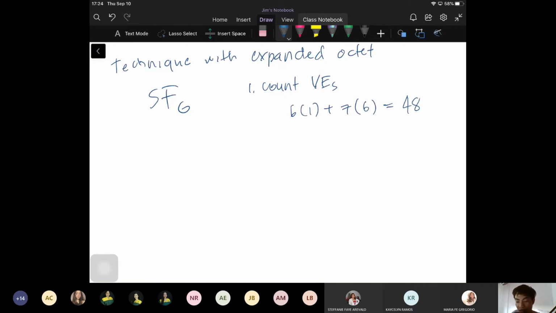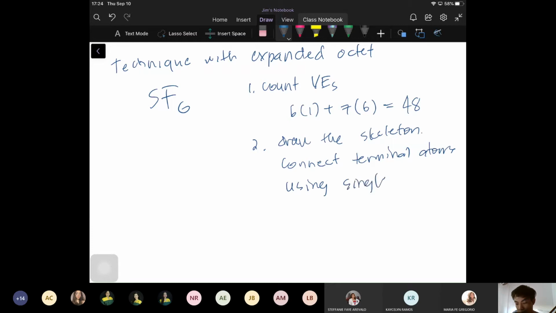Pagkakuha mo ng valence electrons, proceed ka sa step 2. Draw the skeleton. Then, you connect terminal atoms. You connect the terminal atoms using single bonds. So, ganun muna.